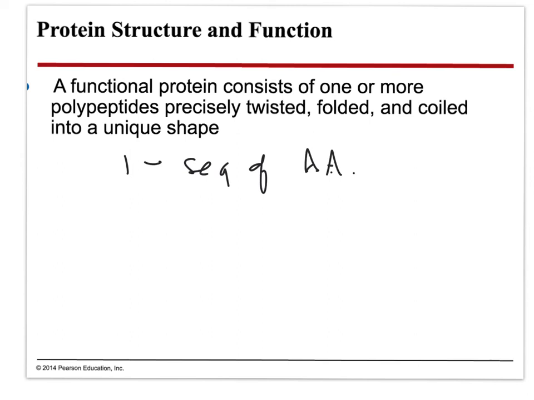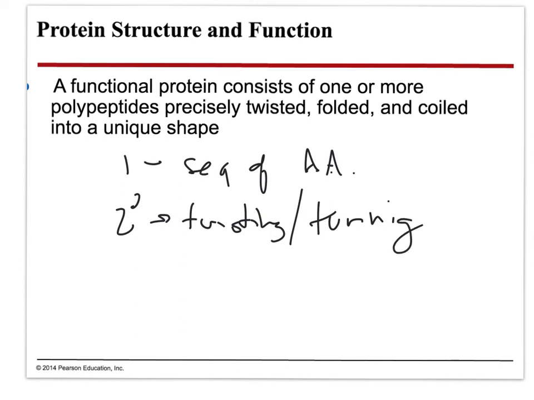From there, the sequence of amino acids twists and turns into secondary structure, forming what we call an alpha helix or a beta sheet.